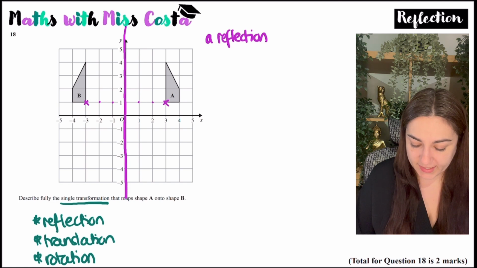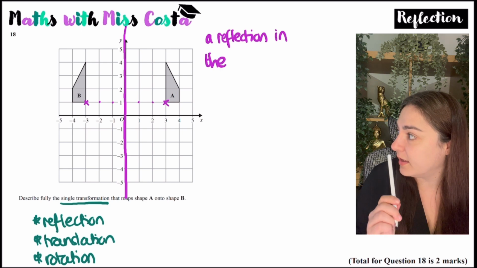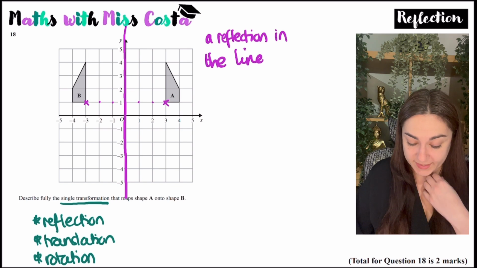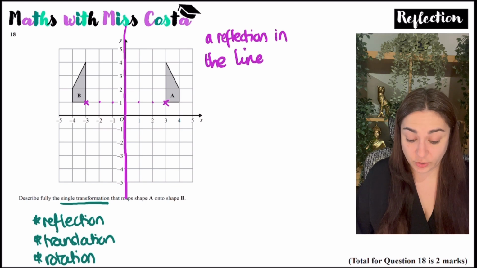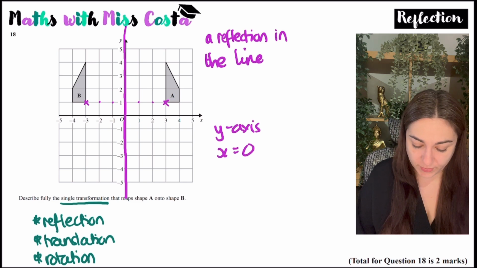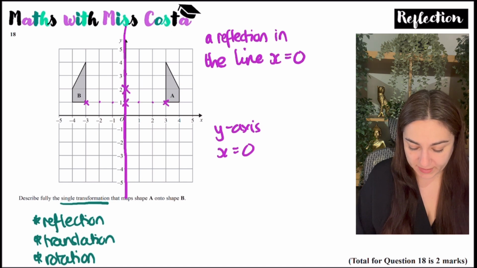So that must mean it's a reflection in the line. Now there's a few ways we can call this. So you could call it the y-axis, or you could call it the line x equals 0, because if we're talking about lines of reflection, this line is when all of the x coordinates are always going to be 0.